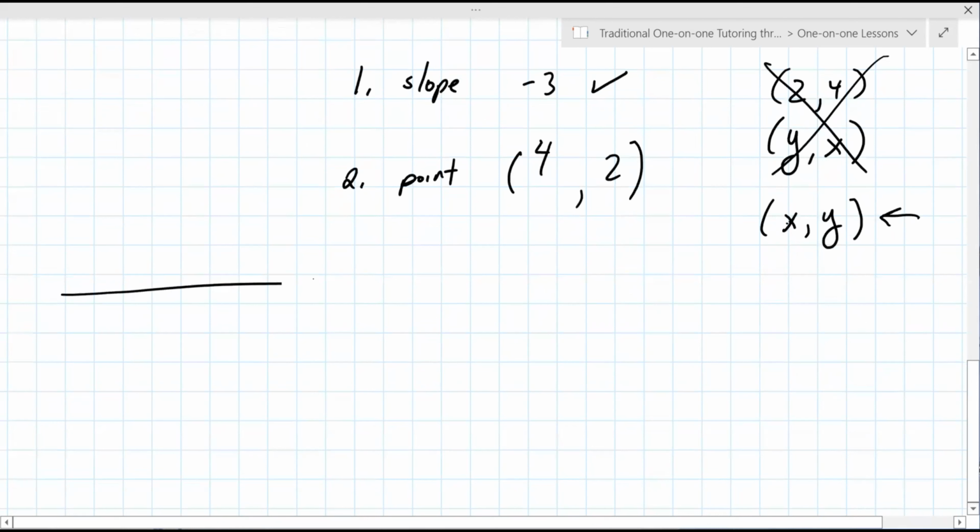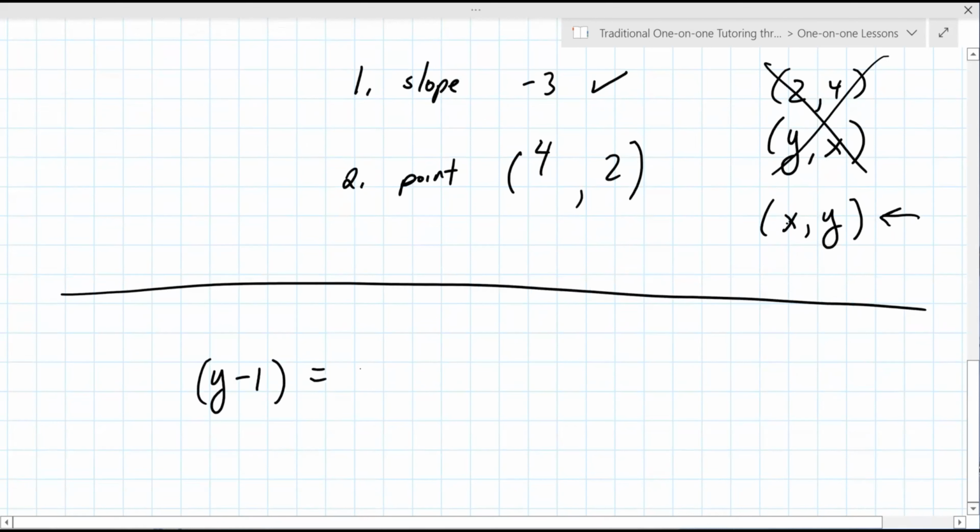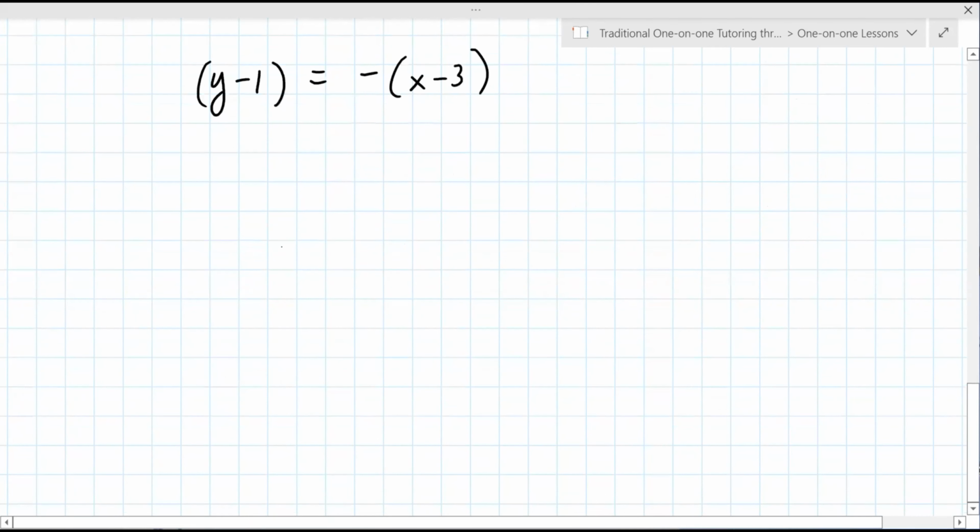Let's try another one here. Okay, so small variation in this problem. What is the slope? What does this operator mean in front of here? What's the number that isn't written? Negative. But a negative is like an adjective, it describes something.